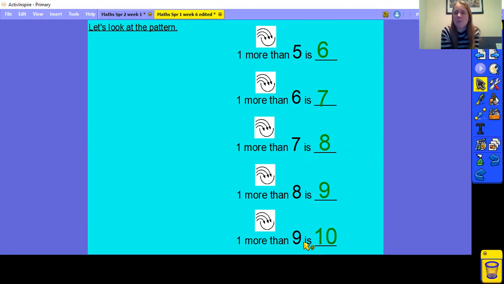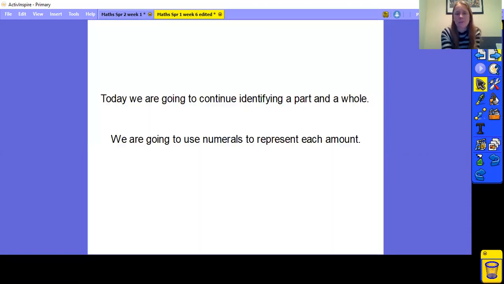Let's have a look at the number that we had at the end. 6, 7, 8, 9, 10. We're counting forwards again, and our numbers are getting bigger. Well done if you spotted that pattern.